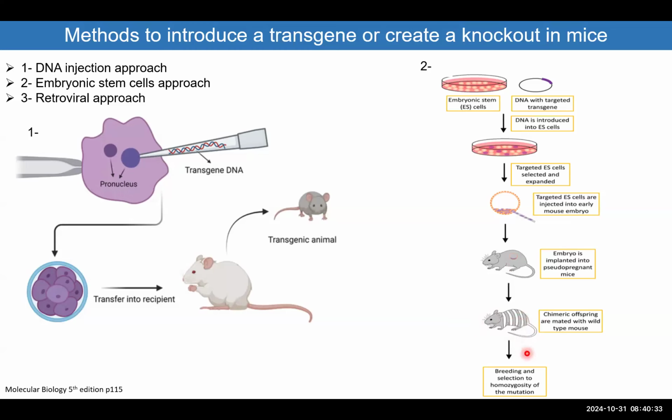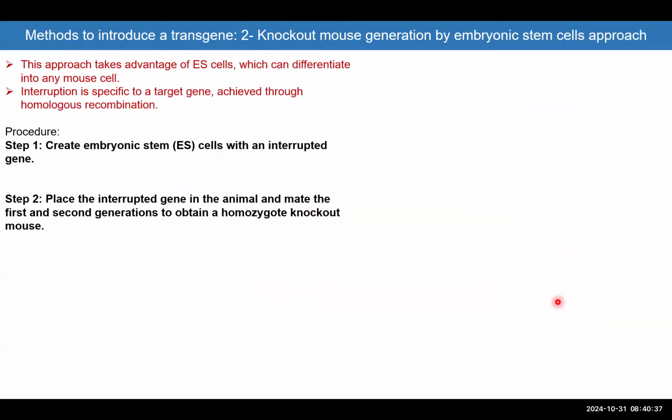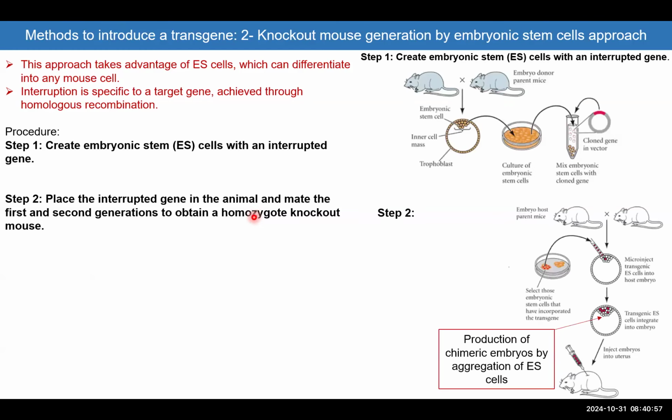After that, we have to breed these animals for a couple of generations in order to get the full body knockout. So first, we have to take embryonic stem cells, engineer them, and interrupt the gene we want. And second, we have to reintroduce those back into a mouse, and then breed that mouse, probably for 2 generations, to get these steps.